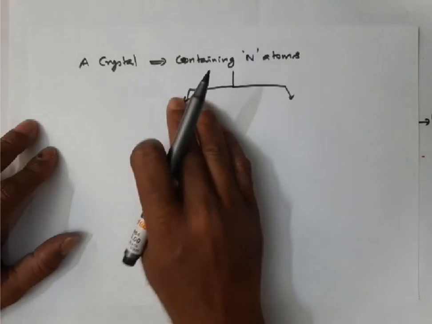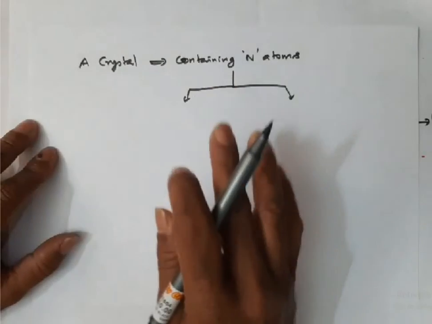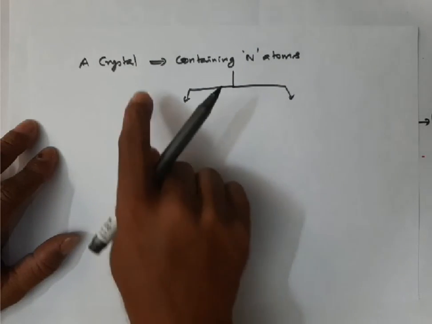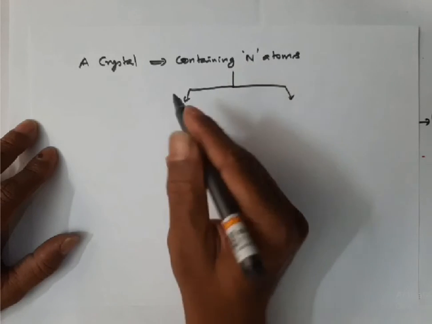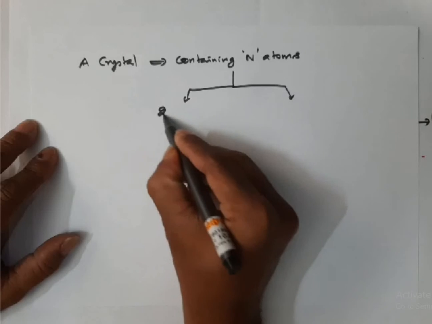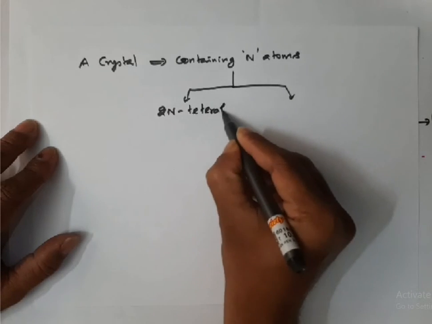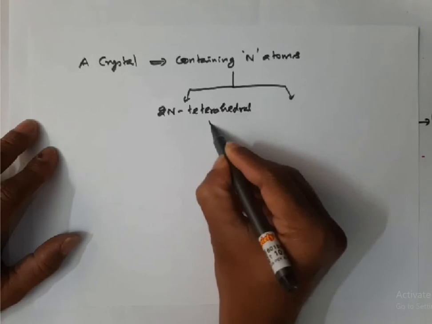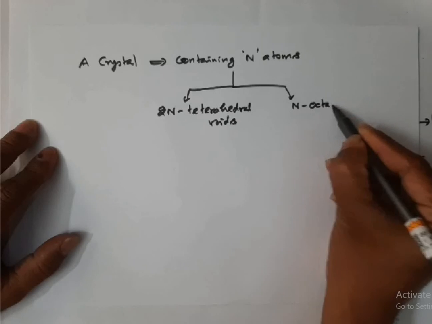Whatever the crystal may be, cubic crystal, hexagonal crystal, whatever, if a crystal is formed with n atoms, then there will be 2n tetrahedral voids and n octahedral voids.